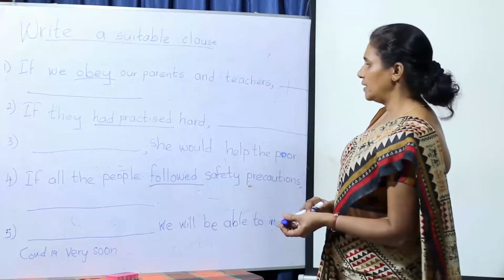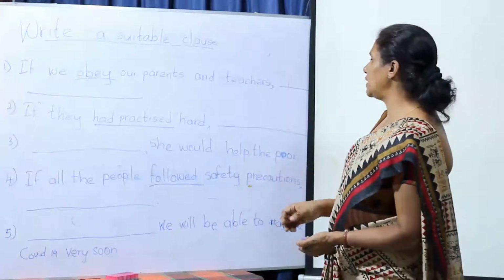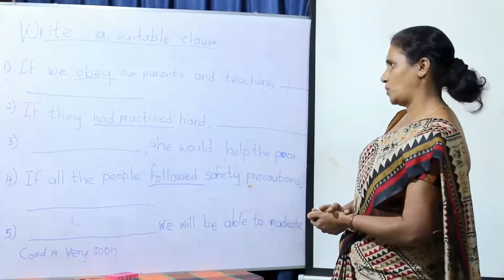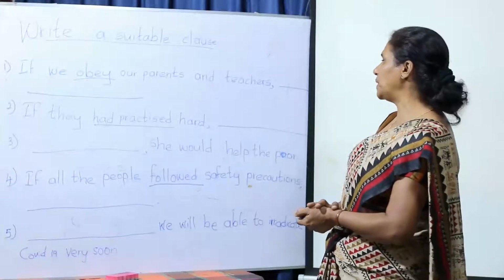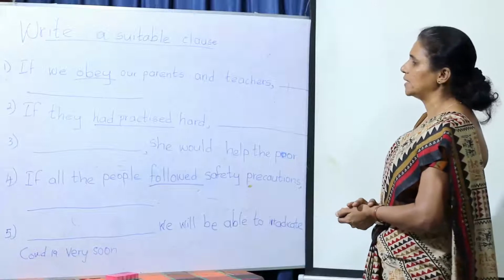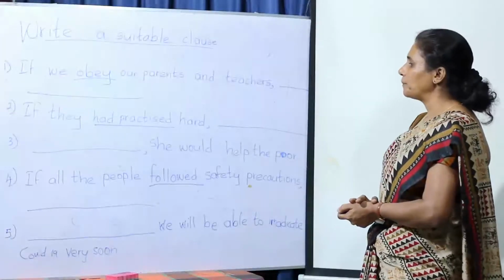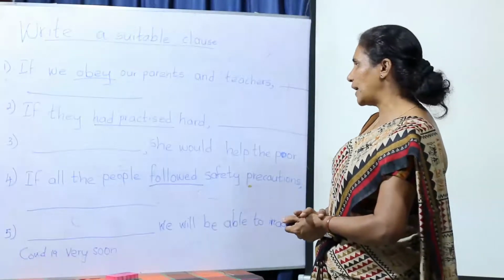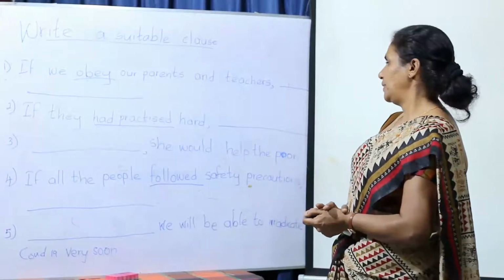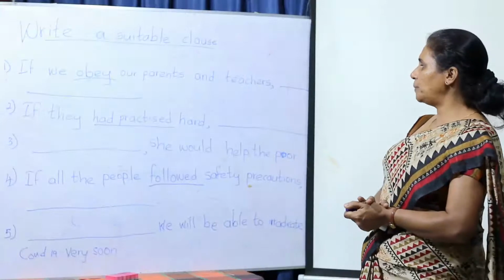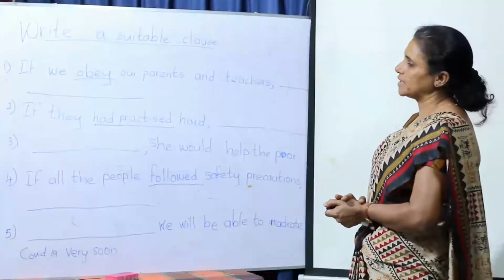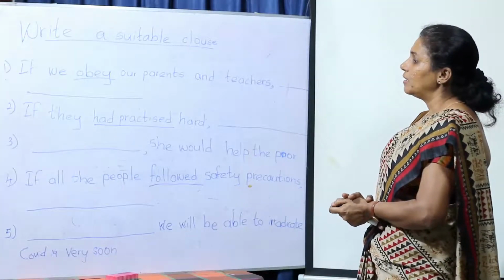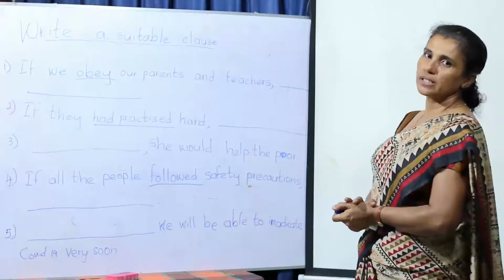Right? Then the main clause should be with would plus infinitive. Then if all the people followed safety precautions, we would be safe with COVID-19. Right? If all the people followed safety precautions, the government would not impose curfew.